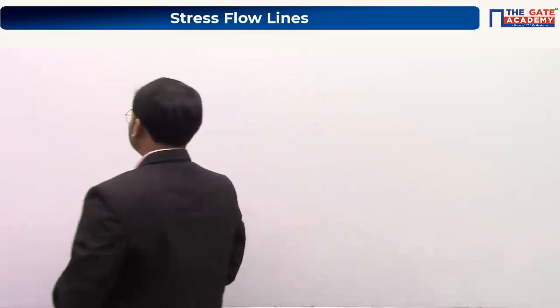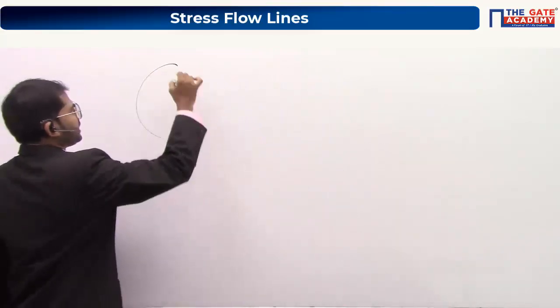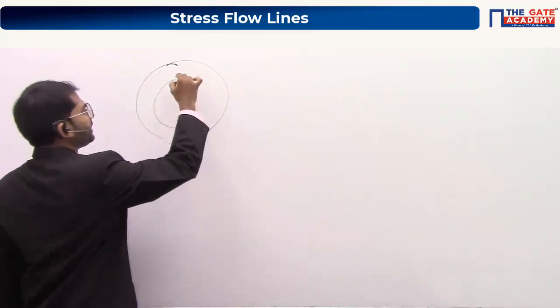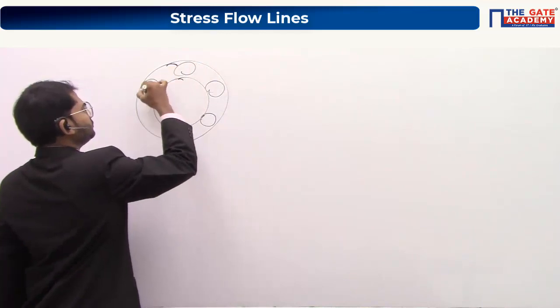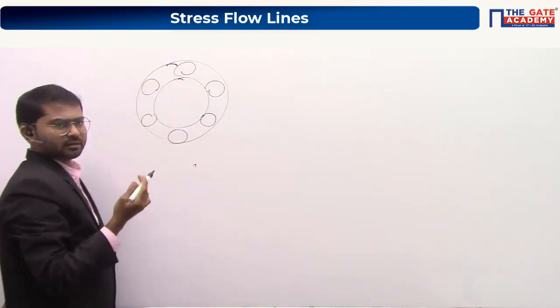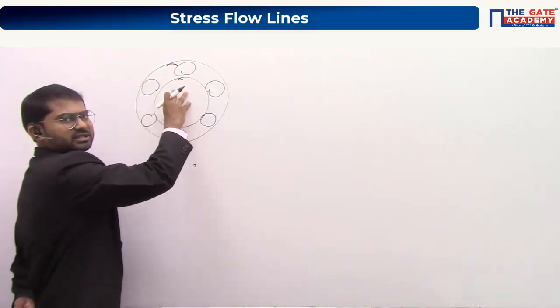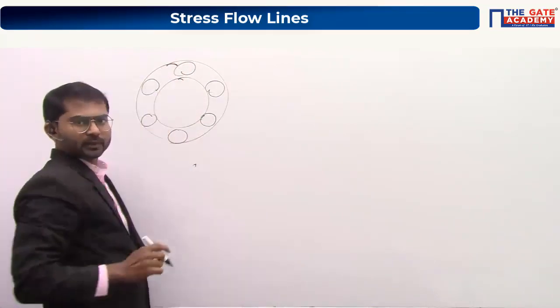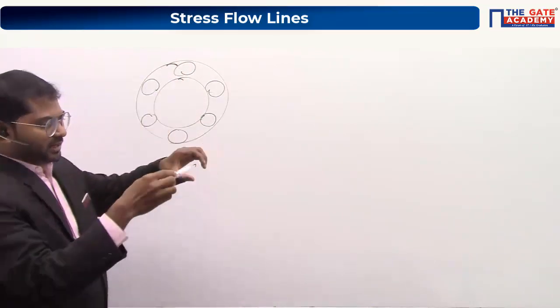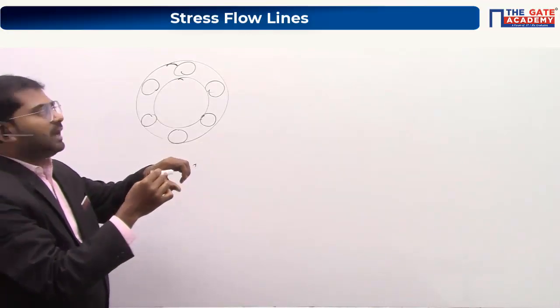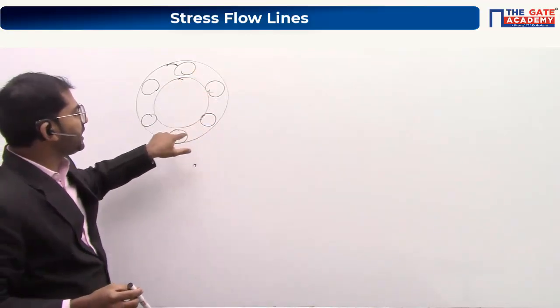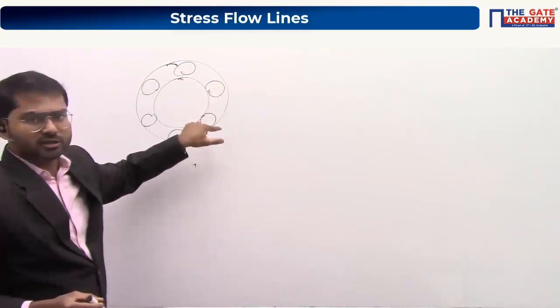So let's take a bearing, and we are going to study bearings in a detailed way. Here the bearing has a shaft. This shaft is kept inside a hole, and the gap between the shaft circumference and the hole circumference is filled with spherical balls.